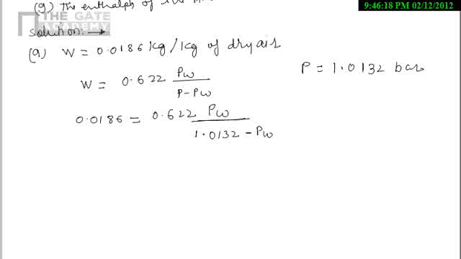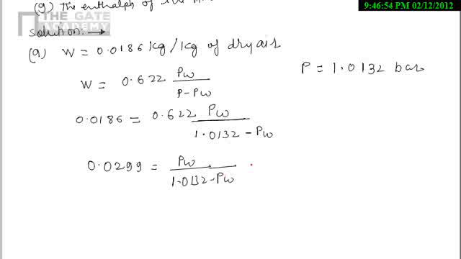If we solve it, we have 0.0186 divided by 0.622, so I will get 0.0299 equals Pw divided by 1.0132 minus Pw.